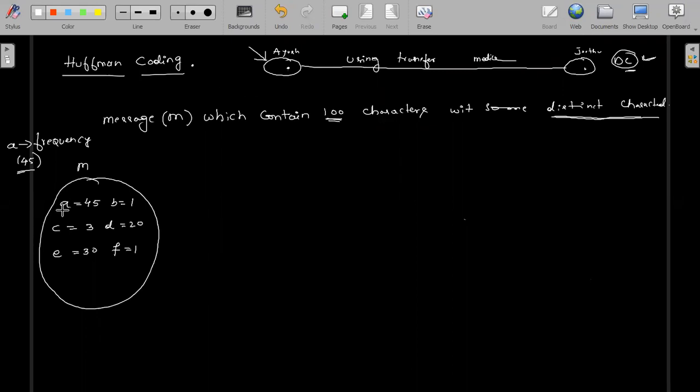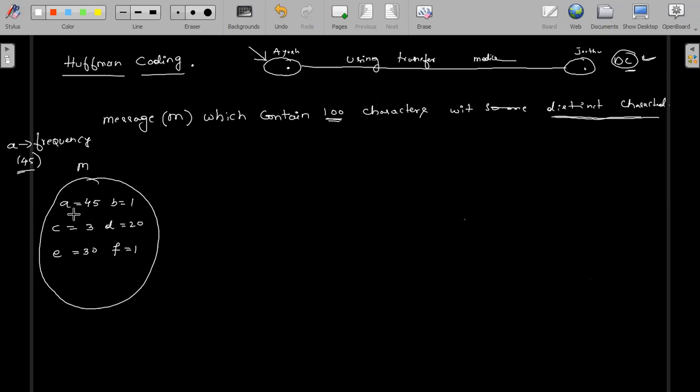When I want to represent A, which occurs 45 times, each occurrence occupies 8 bits. I will tell you what these 8 bits are later, don't worry right now. For A, it allocates 8 bits of memory. Again for B, it is taking 8 bits. C, it is taking 8 bits, like that.